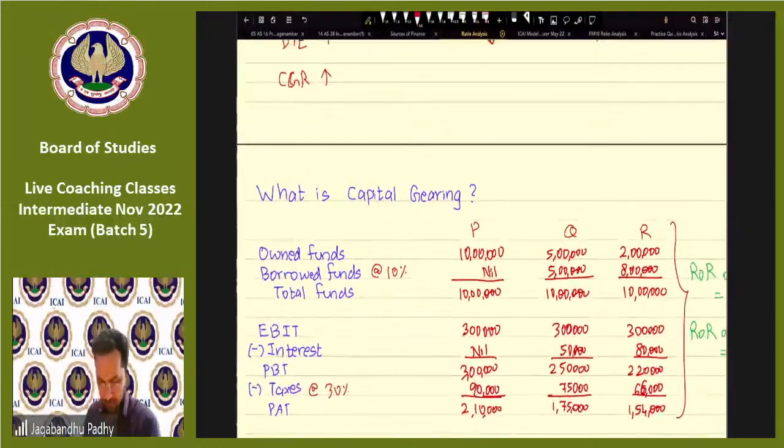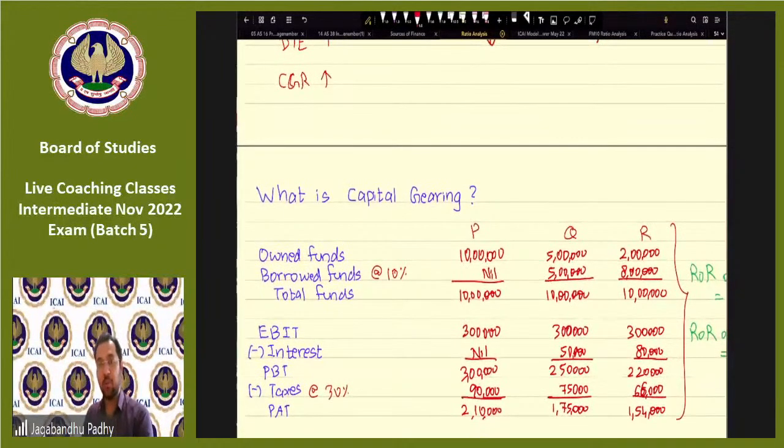Looking at these three companies' information that I have put up for you, can you tell me which company is performing well? Which company has got a good degree of profitability? Is it P, Q, or R? Which company is having a better profitability?